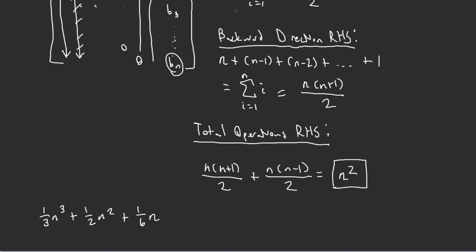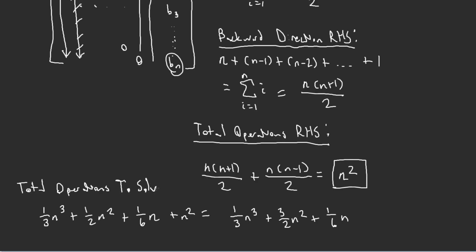I'm going to add to this n squared, and I'll get 1/3 n cubed plus 3/2 n squared plus 1/6 n. This is the total operations to solve an n by n system. That's what this is.